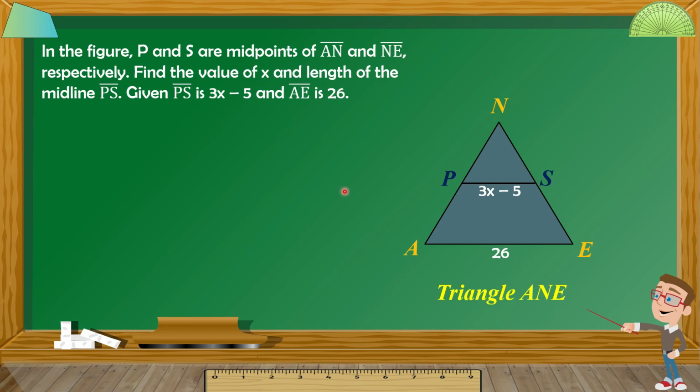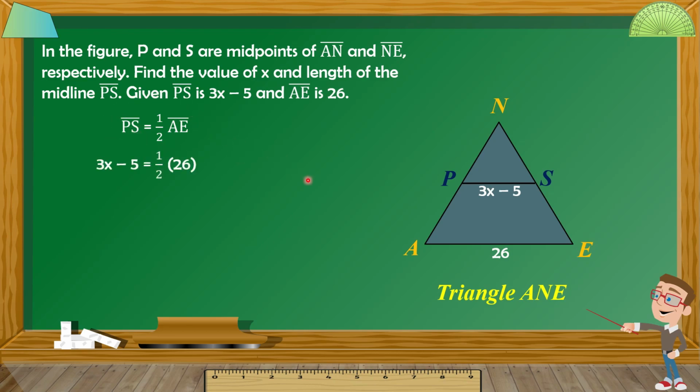Magbe-base tayo dun sa theorem natin na yung haba ng midline natin ay kalahati lang ng haba ng AE, itong third side natin. So yung equation natin ay midline is equal to 1/2 of the third side AE. Yan yung pinaka-equation natin ngayon.